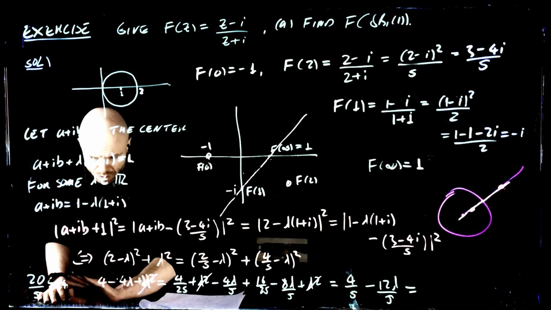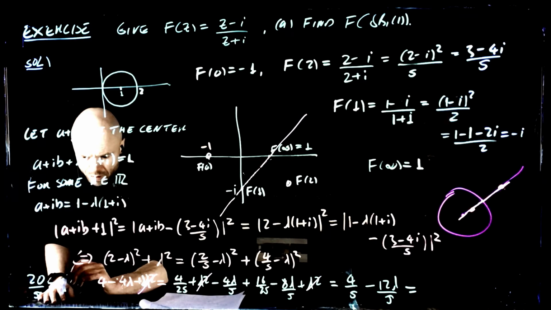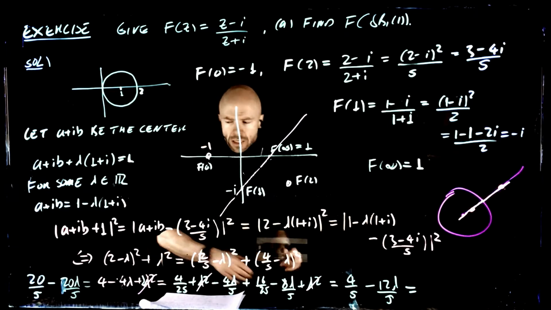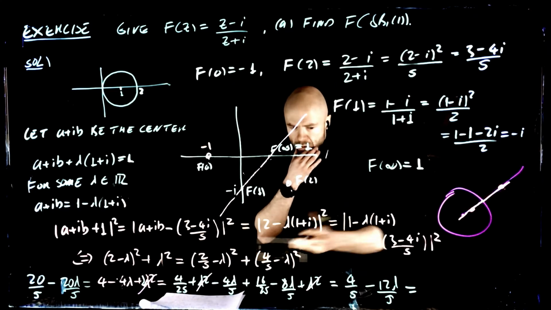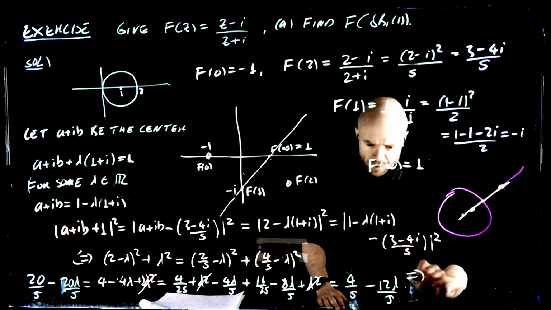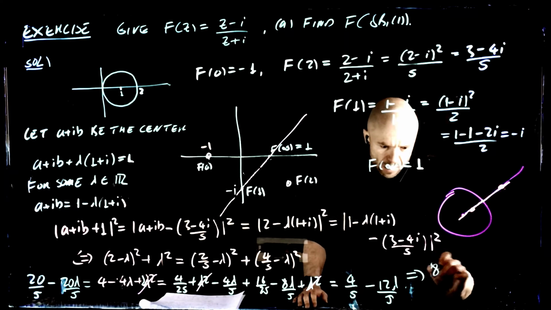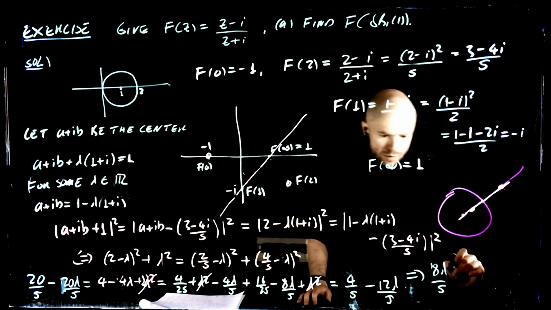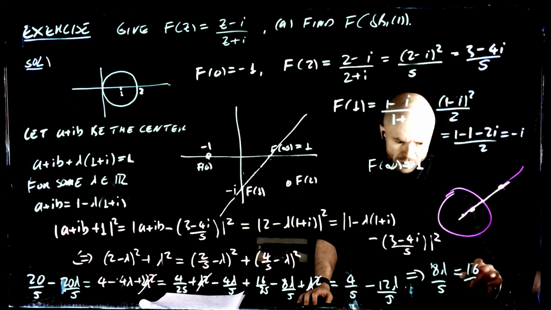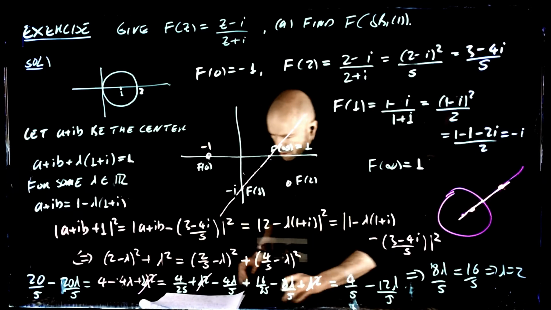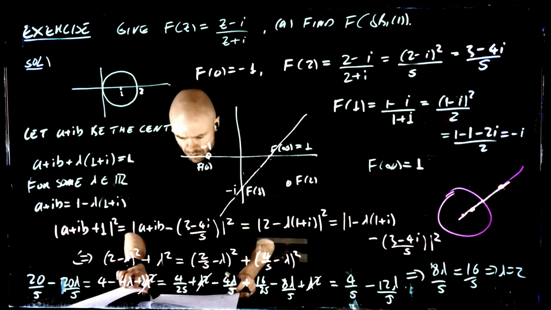Let's put this over 5, so 20 lambda over 5. So this is equal to this. Let's add this thing to that side. So then that implies that we have 8 lambda over 5, and putting the other stuff on the other side, it is equal to 16 over 5, which implies that lambda is equal to 2. Good.